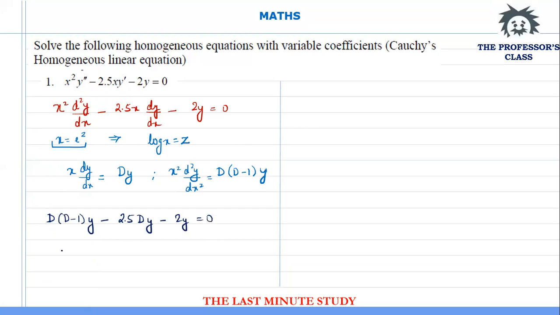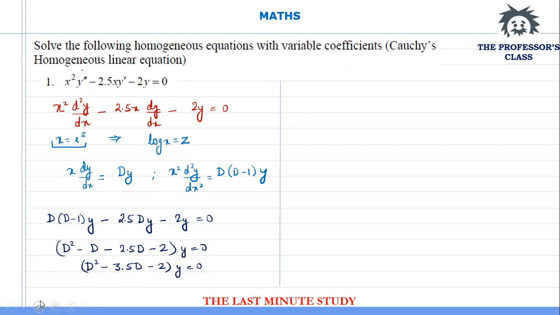If I open up the first bracket, I'm going to get D square minus D. I'll take y common as well. Minus 2.5 times D minus 2 of y is equal to 0. On solving this, you'll get D square minus 3.5 times D minus 2 of y is equal to 0.